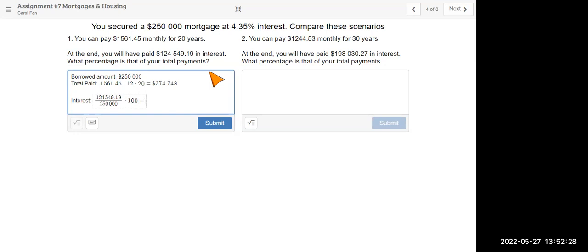So 49.8% of your payments went towards interest.